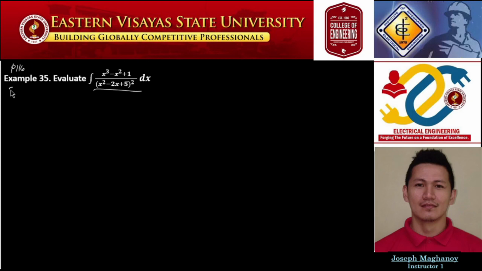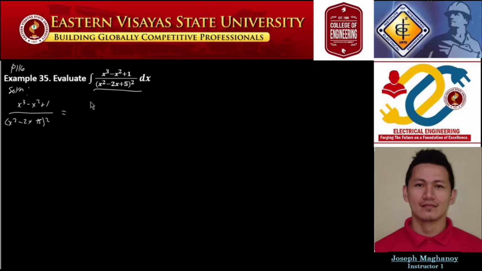So our solution, we need to resolve the integrand into a sum of partial fractions. We rewrite our integrand into a sum of partial fractions. Okay, so let's start with the numerator: x cubed minus x squared plus 1 all over the quantity x squared minus 2x plus 5 squared. Remember that if your denominator has a power of 2, it means that you have two partial fractions.